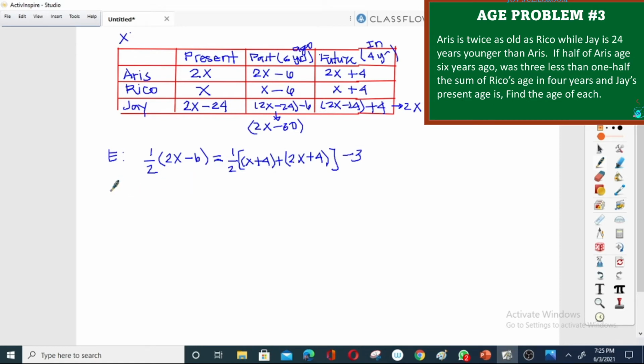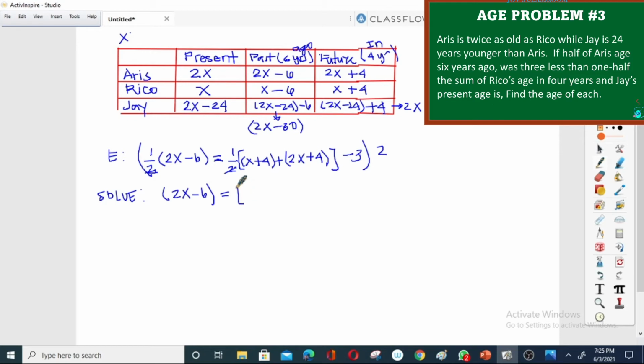Now let us solve. Let us multiply the whole equation by 2 to remove the fraction. So this will become 2x minus 6. The 2 will cancel out, and this will cancel out also.